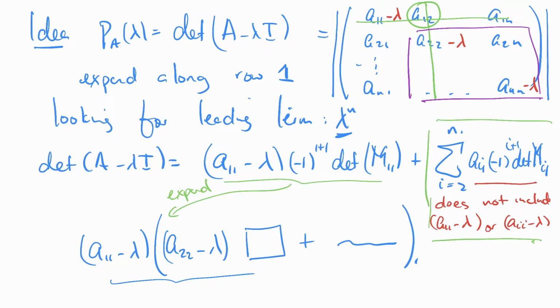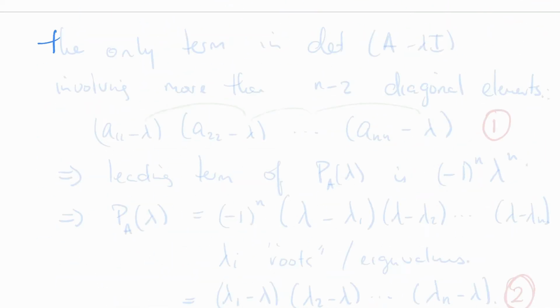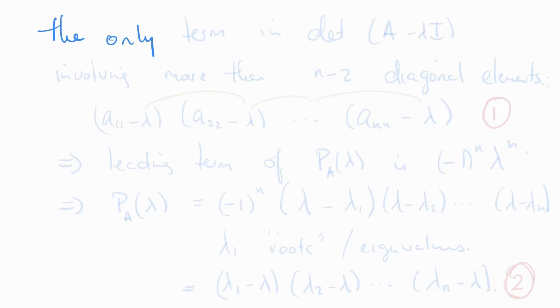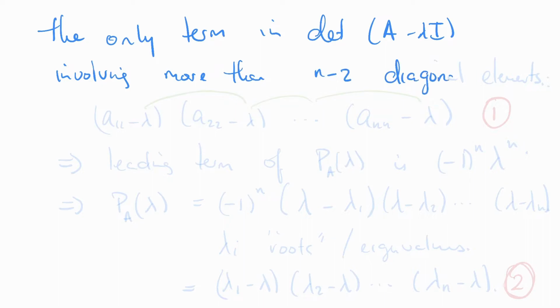And just to summarize what's happening, the only term in the determinant of A minus lambda I involving more than n minus 2 of the diagonal elements, as in the ones that include lambdas, is going to be the term that is straight down the diagonal.